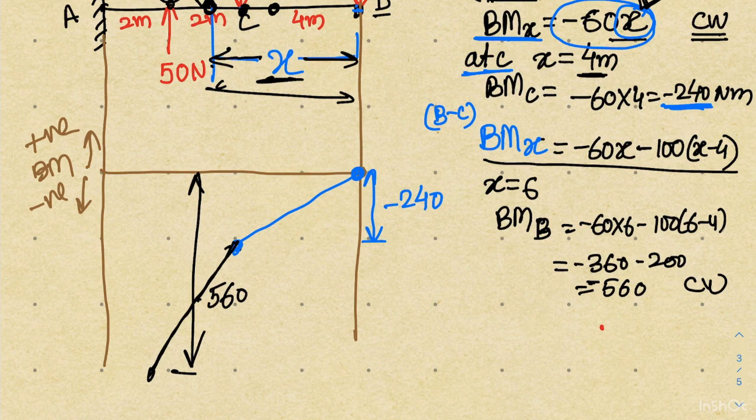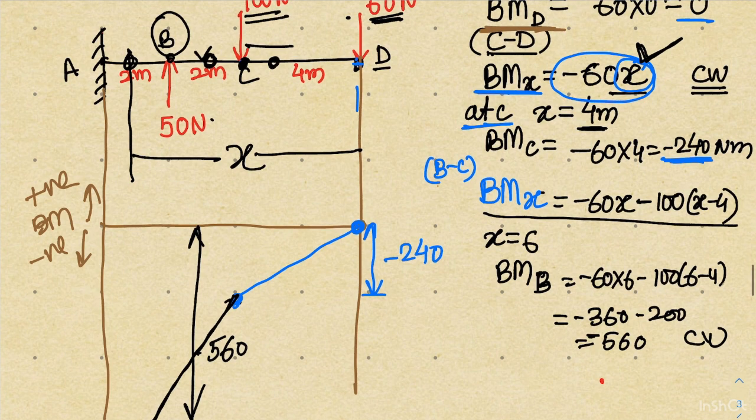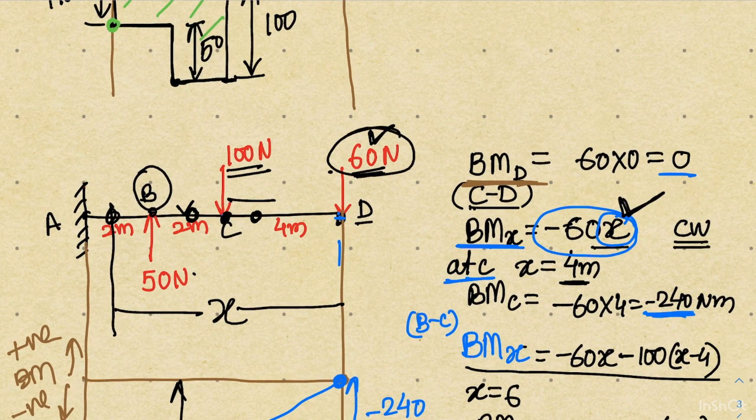Beyond point B, again you need to consider one x expression, but the previous x expression will not be valid now. So we will consider another point here and write that this is a value of x, and we will write the expression for this point. So now I am going to consider three loads: the 60 Newton load, the 100 Newton load, and the 50 Newton load.